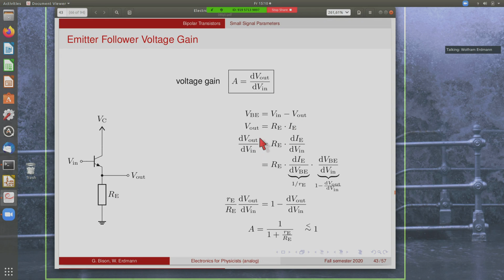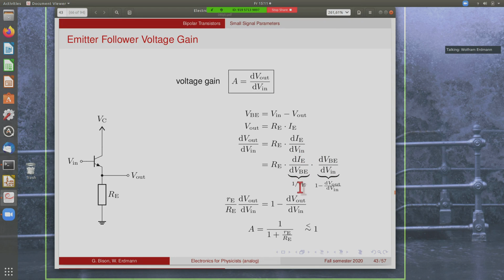Now, if we take this differential here, output by input, then we get the derivative of the emitter current by the input voltage, which we can write as this product here, using the chain rule, the differential of the emitter current by the base emitter voltage, and here we have the derivative of the base emitter voltage with respect to the input voltage, just the chain rule.